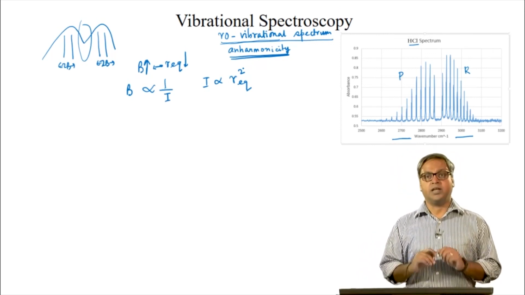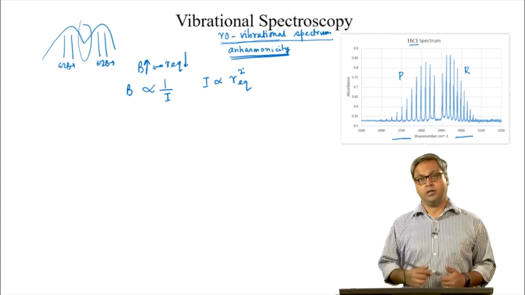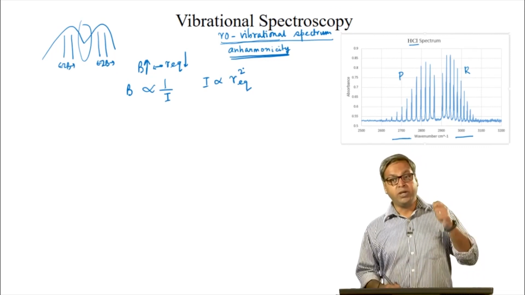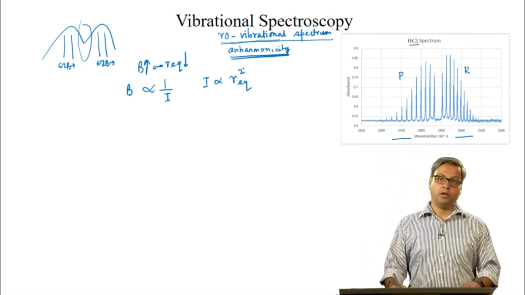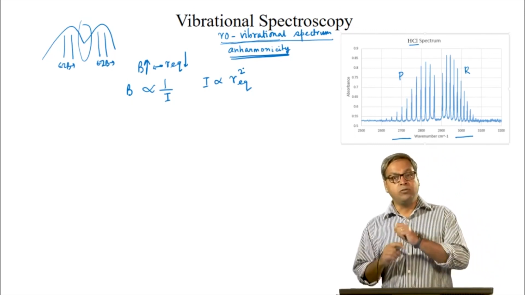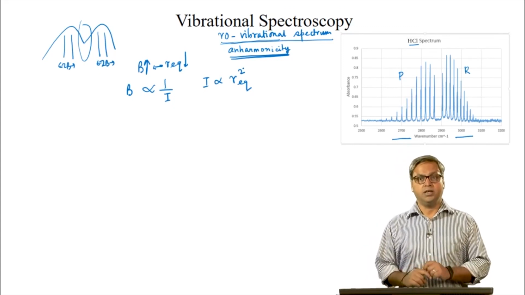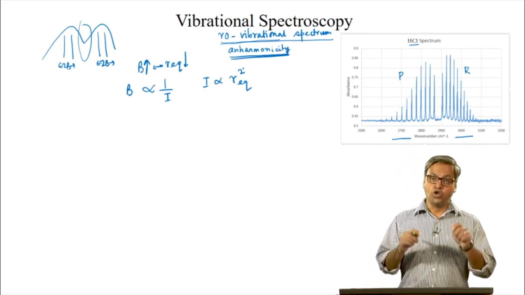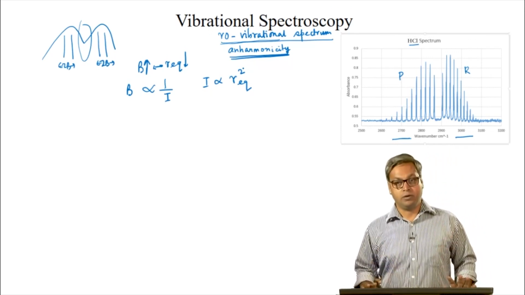In the analysis that we did in our previous lecture, we assumed that B, the rotational constant, will always be the same. Now, let us see what happens if we do not make that assumption. The rotational constant should be affected by the vibrational quantum number.